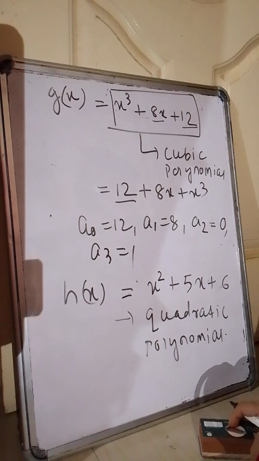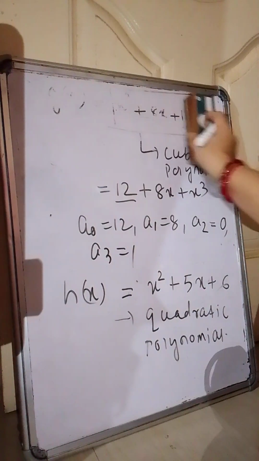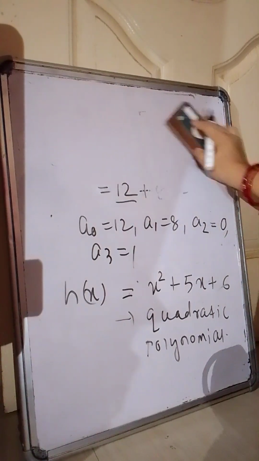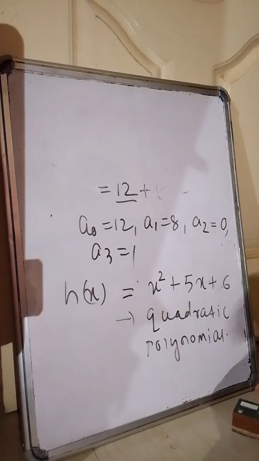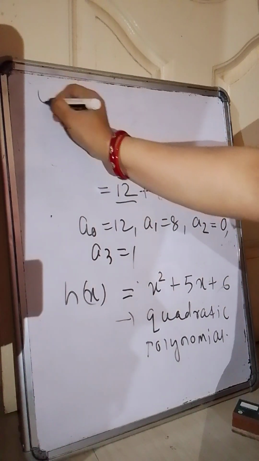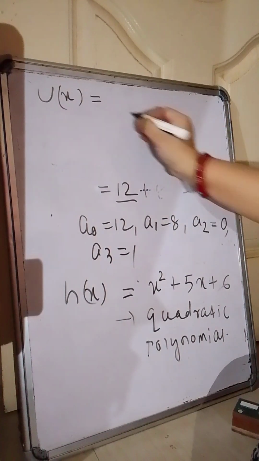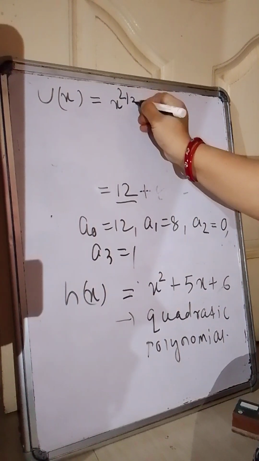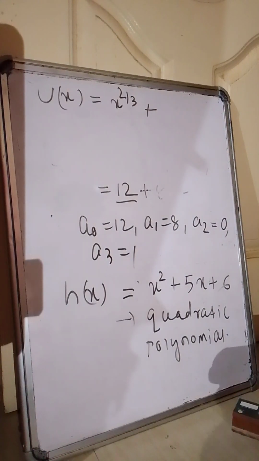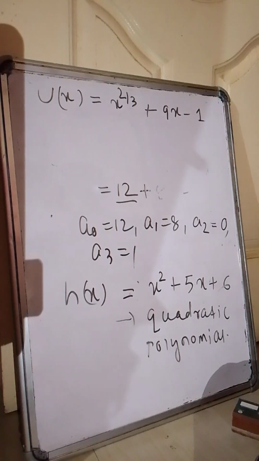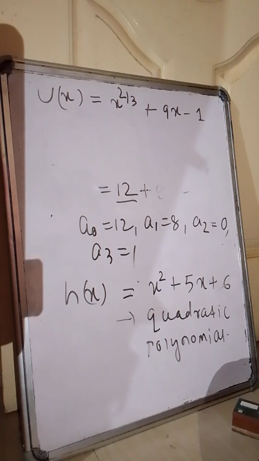Now another example let me give, and you decide whether it is a polynomial or not. Suppose you write a function u of x equal to x power 2 by 3 plus 9x minus 1. Is it a polynomial? It is not a polynomial. Why?